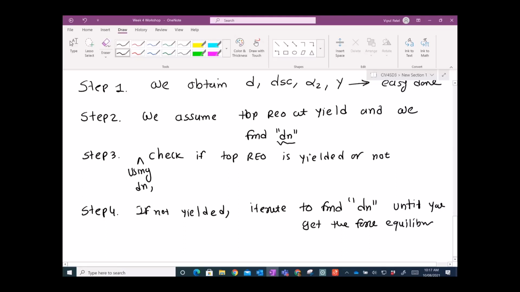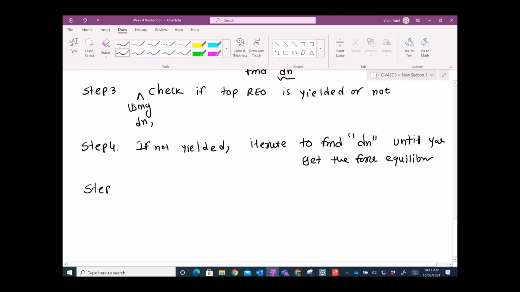Once you get the force equilibrium, then we're good. We're good means we need to check for ductility. Now you know the drill, how we are going to check for ductility. Check for ductility would be Ku less than 0.36, or we will check the reinforcement less than the maximum reinforcement. That we can also do. So one of those checks will give you the ductility check.